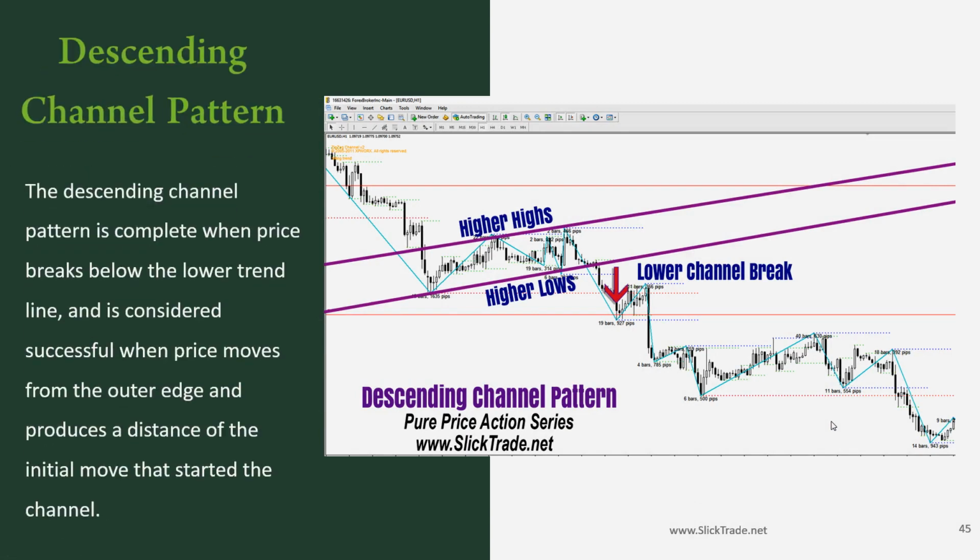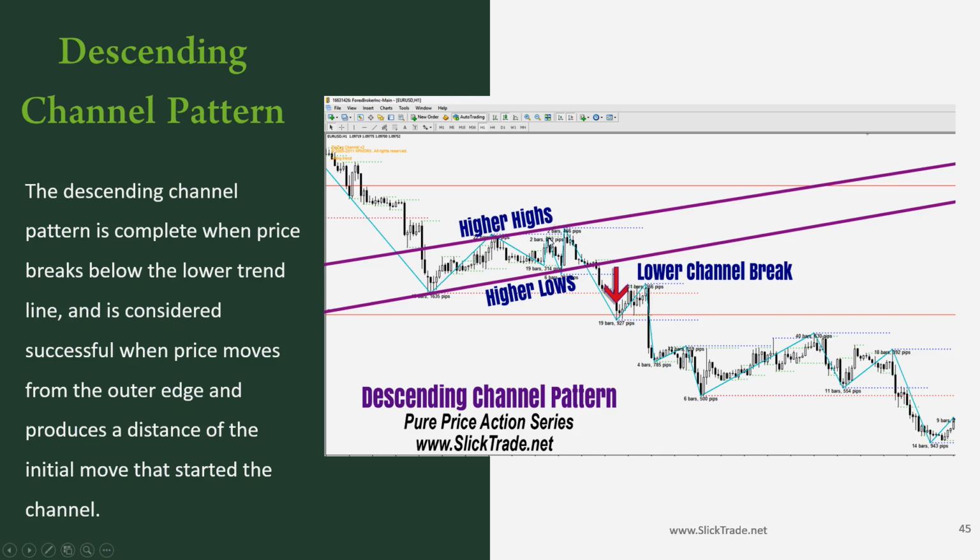The descending channel pattern is complete when price breaks the lower trend line and is considered successful when price moves from the outer edge and produces a distance of the initial move that started the channel. So in this example we have higher highs.